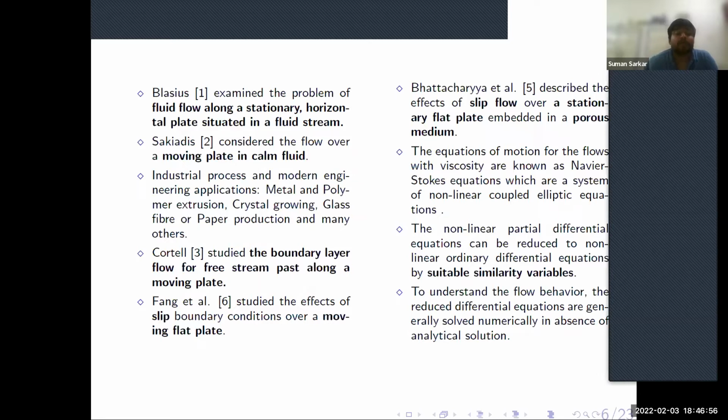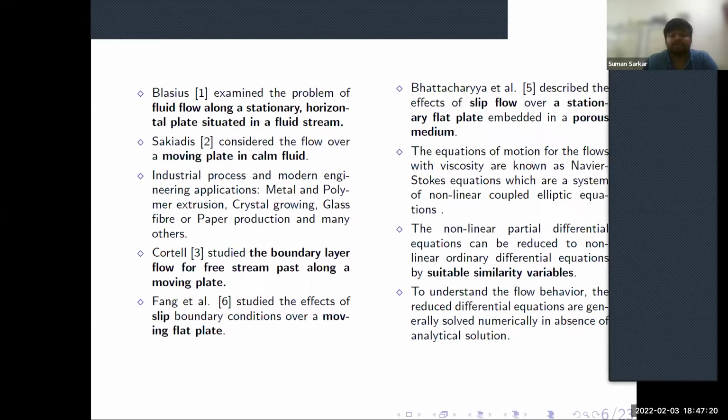Fang et al. considered the effects of slip boundary conditions over a moving plate. Bhattacharya et al. described the effects of slip flow over a stationary plate when the plate is embedded in a porous media.